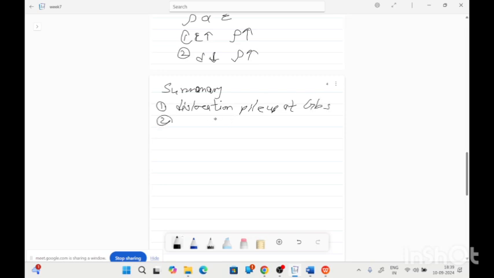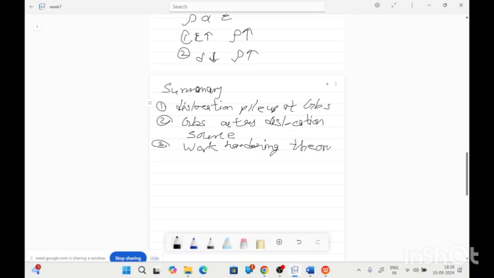Second is grain boundaries acting as dislocation sources. And third is the work hardening theory. So this was the mechanism related to grain refinement.